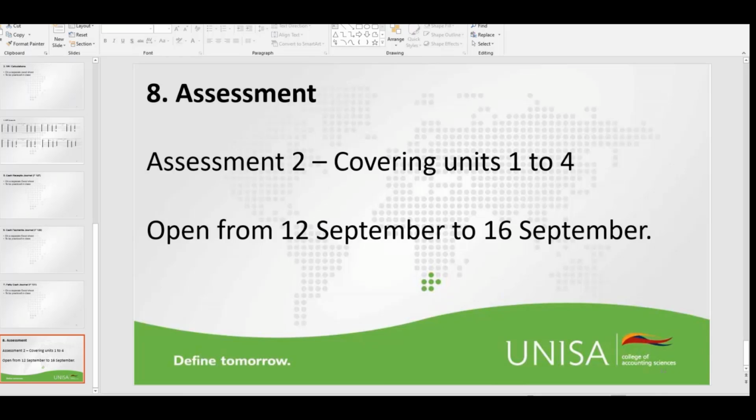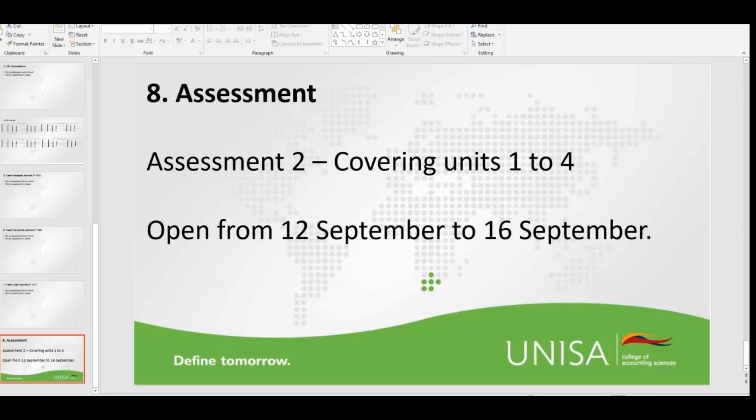Just to recap, unit number 1 was mainly the introduction to accounting and the accounting equation: assets equals owner's equity plus liability. Unit number 2 covered the general ledger accounts that we've continuously been doing.